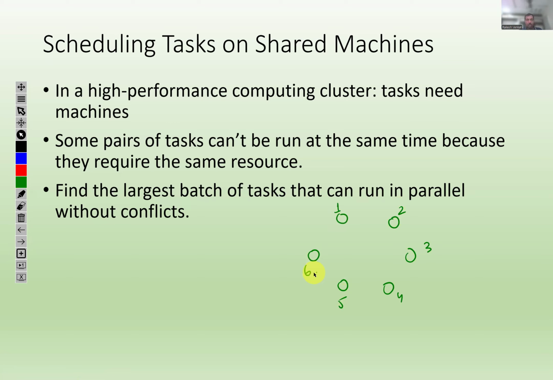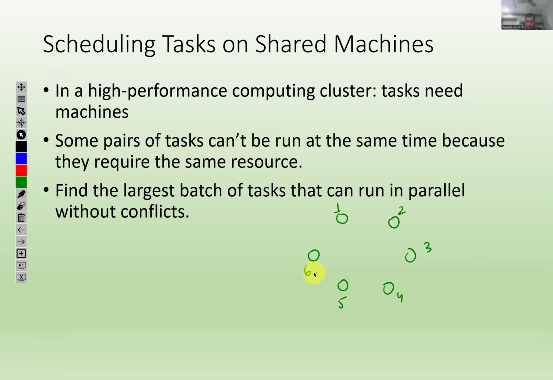Now, when you want to access a high performance cluster and perform certain computations to accomplish a task, two tasks may require the same resource. So some pairs of tasks among these cannot be run at the same time because they require the same resource. Maybe they require a very specific processor or a configuration, and there's only one of it available.